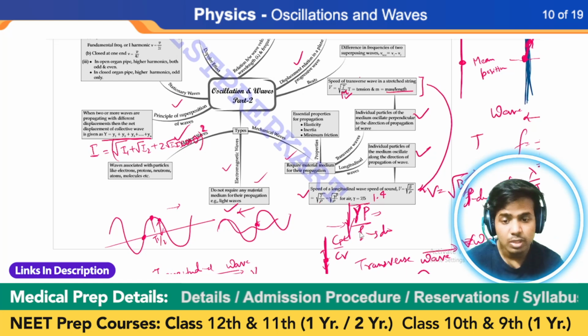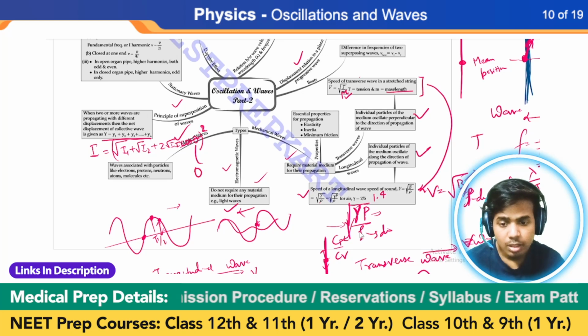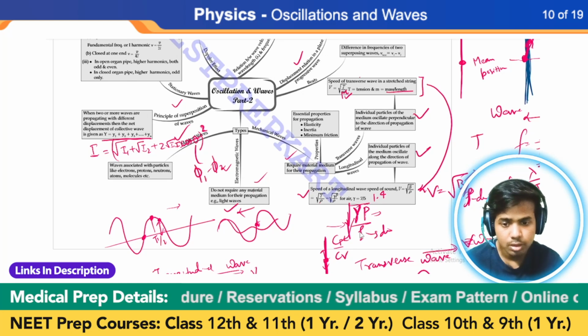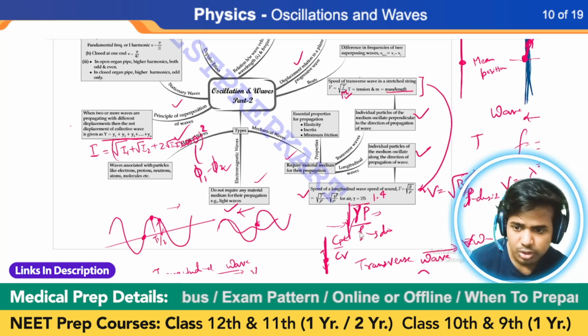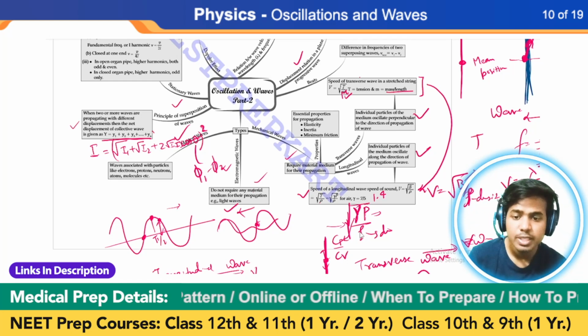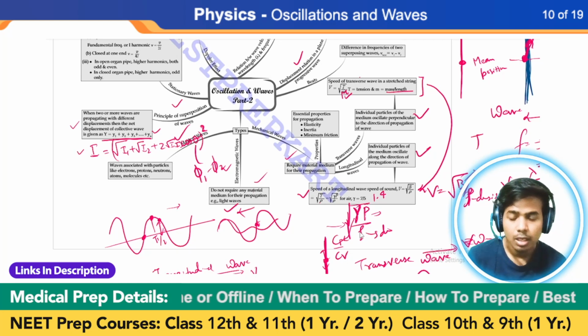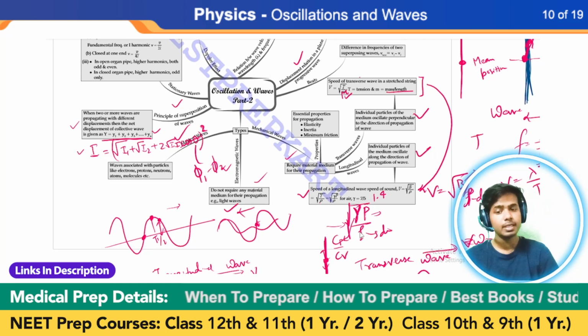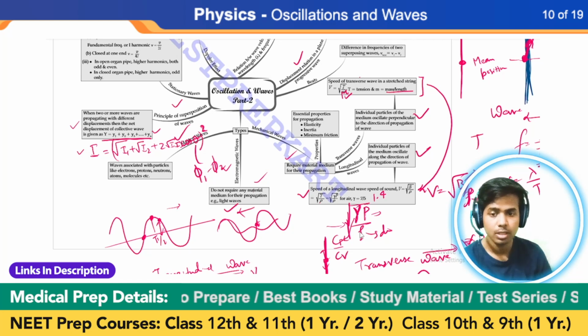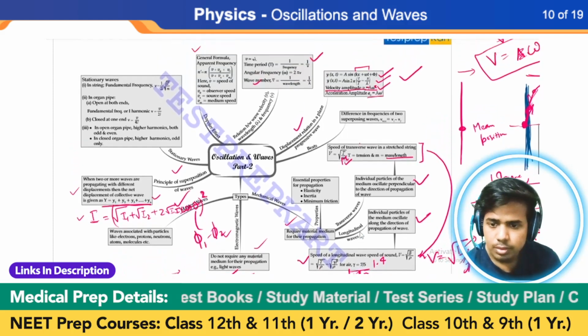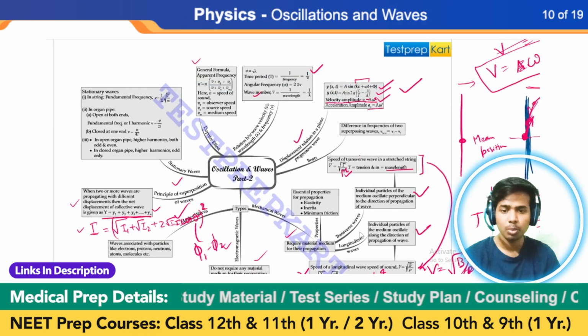So the difference theta is nothing but phi 1 minus phi 2, the difference between two phase angles. So this was about superposition. Both amplitudes get added up, while the intensities interact with each other with respect to this formula. Now I think we can take up the Doppler effect.